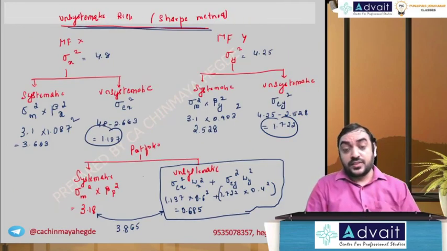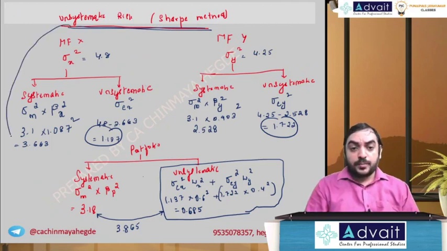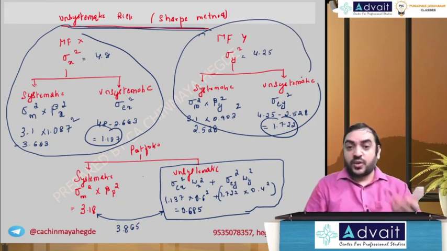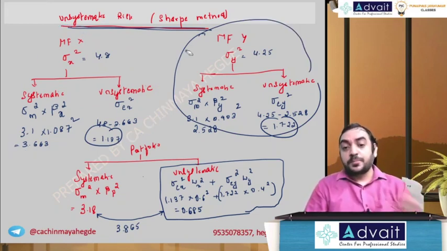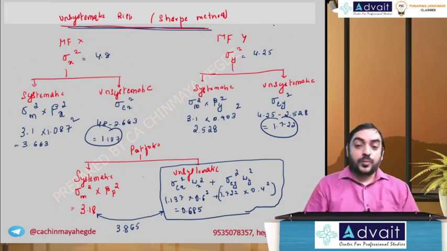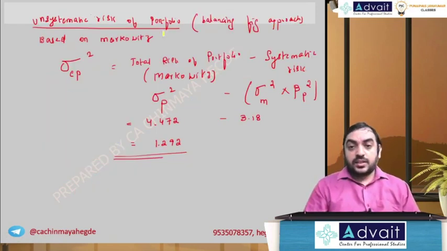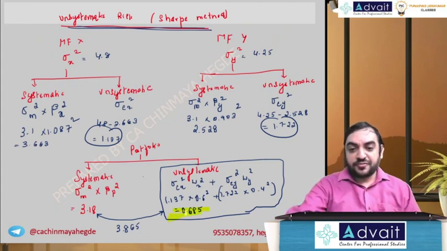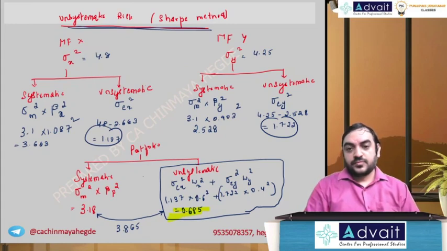Rather than preparing these charts, you can avoid preparing them if they are not specifically asked for the Sharpe method. Anyway, on unsystematic risk, using the Markowitz approach we got 1.292, and using the Sharpe approach, we got 0.685. Conceptually, they tell you the same thing, but mathematically, they differ in their calculations.